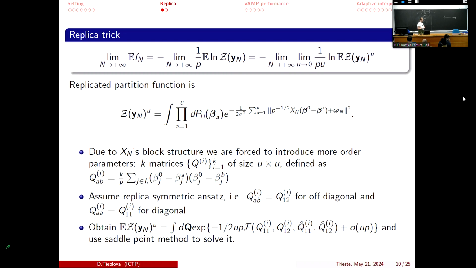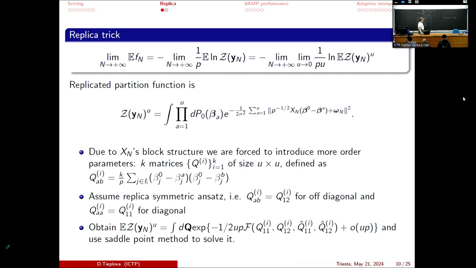So in the end, we are able to use something like the Laplace method to find the critical points of this function phi. And we are assuming that at these critical points this function will have the minimum, and this minimum will be exactly our free energy that we wanted to find in the beginning.